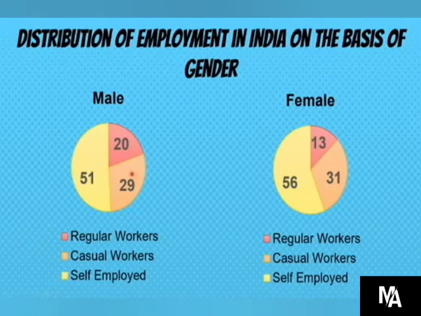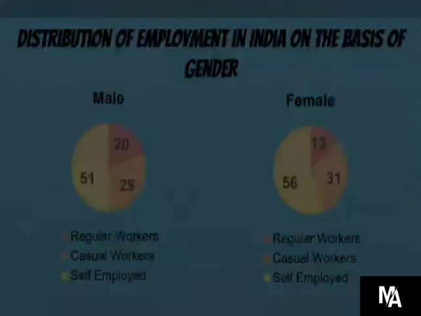Then 29% of males are casual workers, with no social security benefits, and 20% of males are regular workers. On the other hand, in the pie chart of the females, we have 56% of females who are self-employed, 31% who are casual workers, and 13% who are regular workers. So this is basically the distribution of employment on the basis of gender.